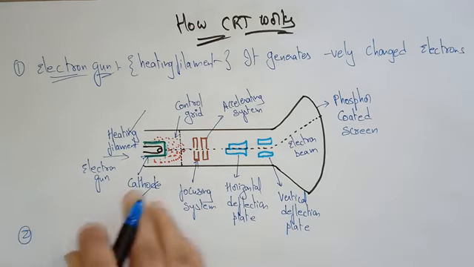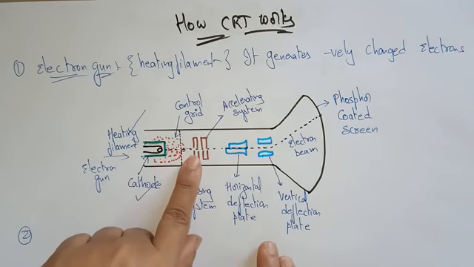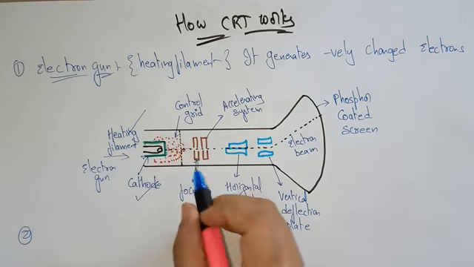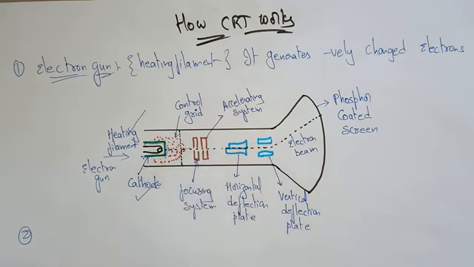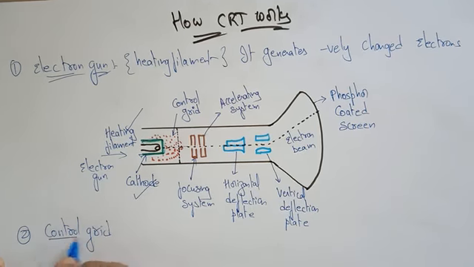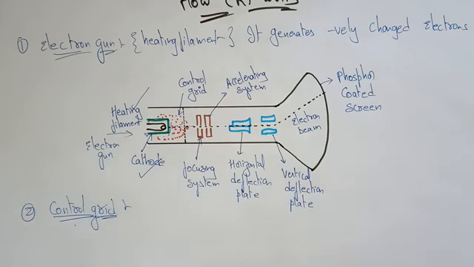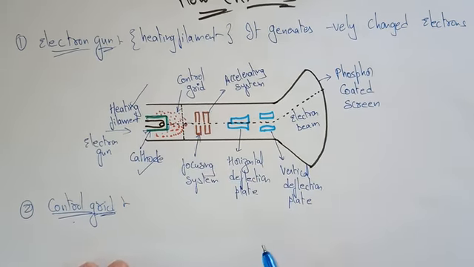Then coming to the second component. Here the electron gun is there, and the next component is the control grid. If you clearly observe, this is the control grid. What is this control grid doing? The control grid controls the flow of electrons.